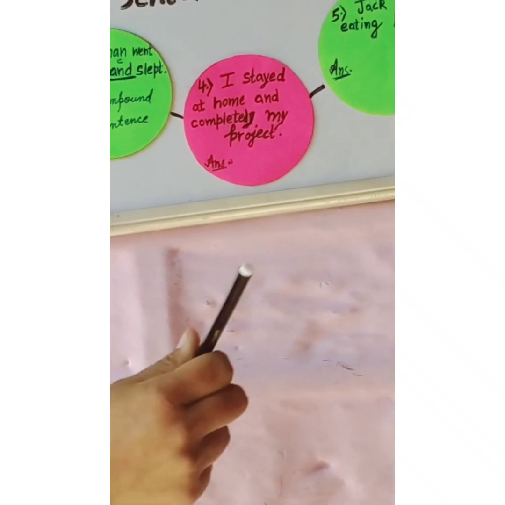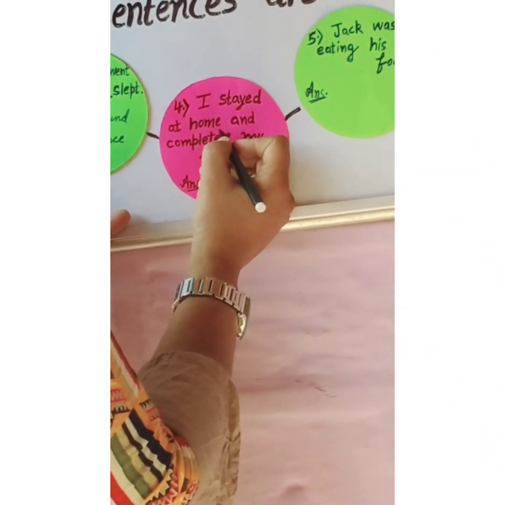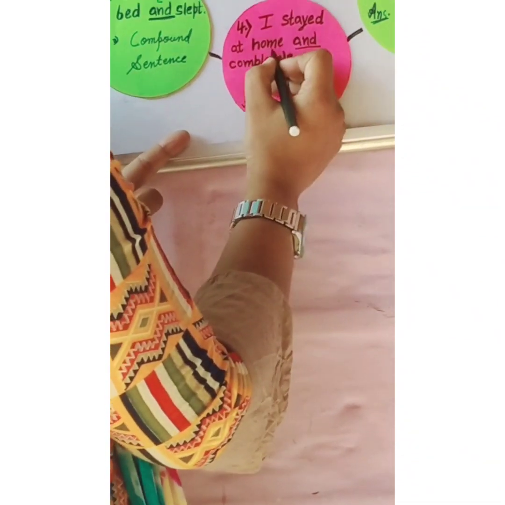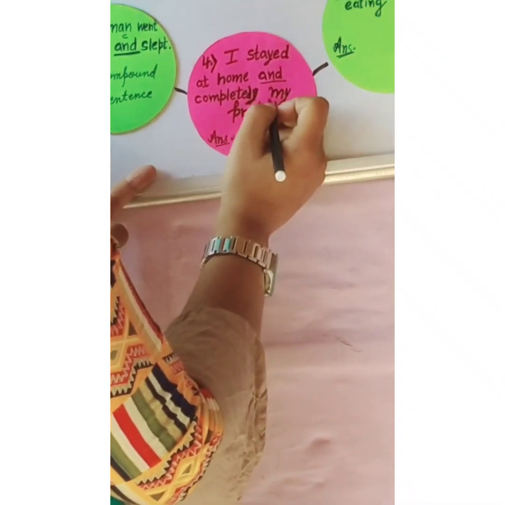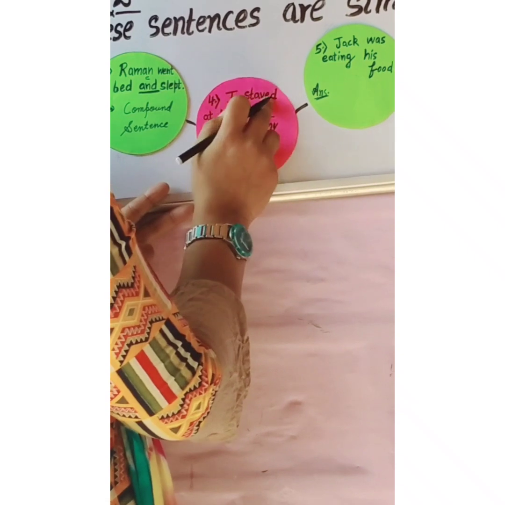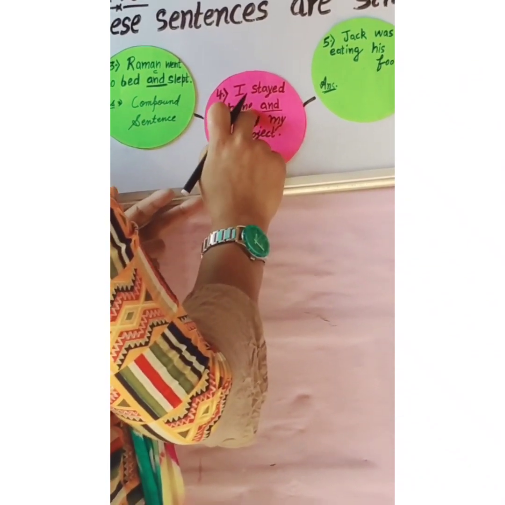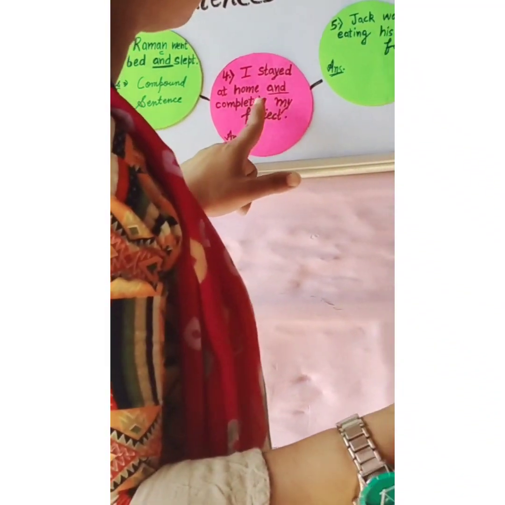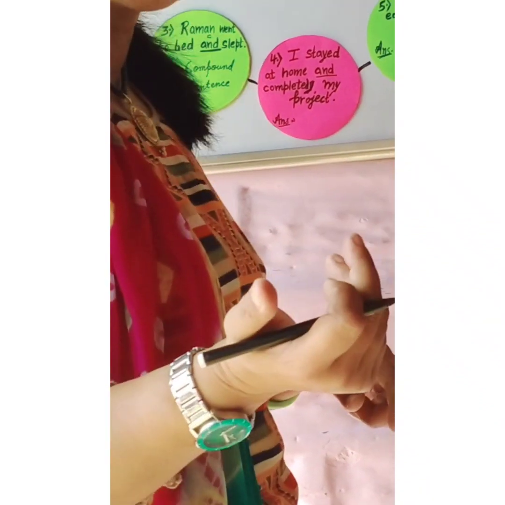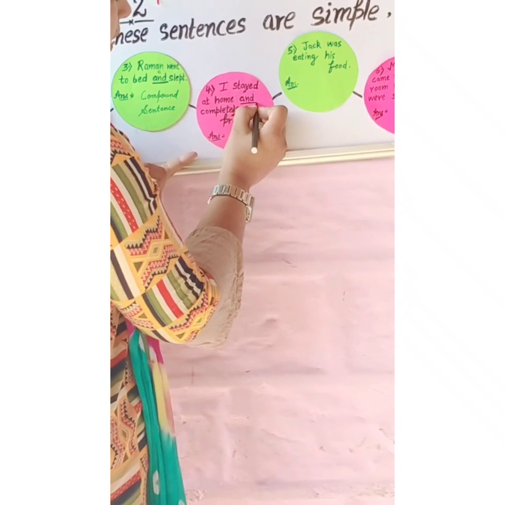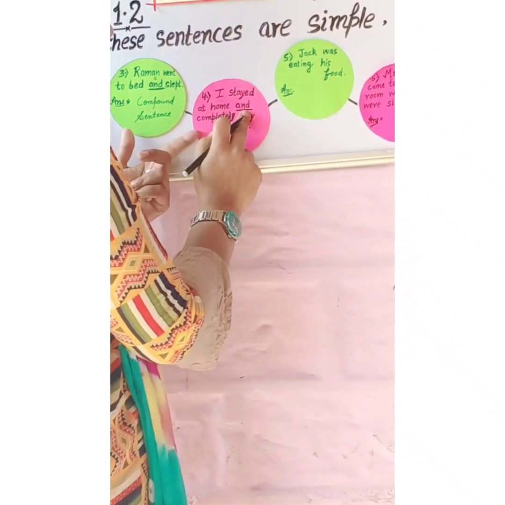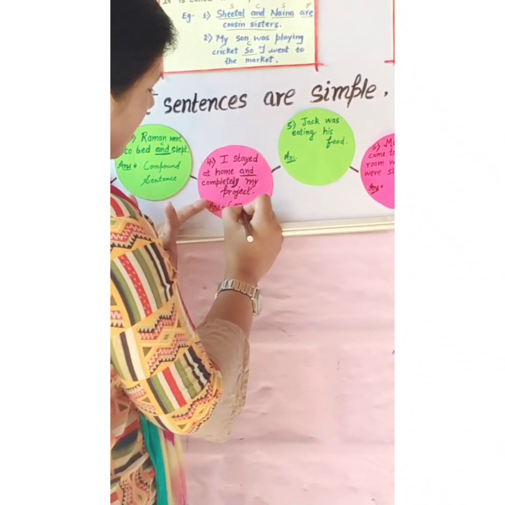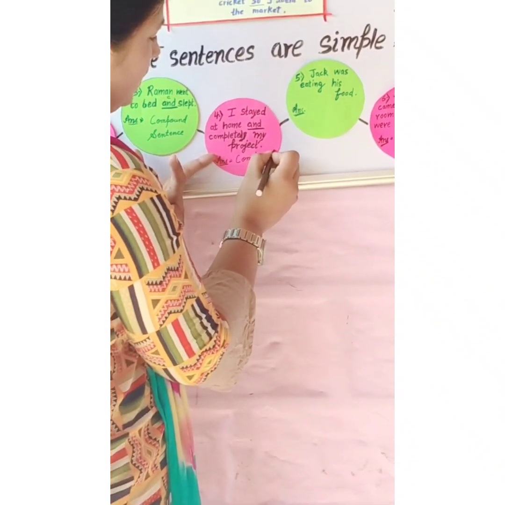Now, dear students, see the fourth one. I stayed at home and completed my project. मैं घर में रुका और मैंने अपना प्रोजेक्ट कंप्लीट किया. So in this, "I stayed at home" is your independent clause, it gives a meaning. But "completed my project" is incomplete. So these two clauses are joined by "and". So it will also be a compound sentence.